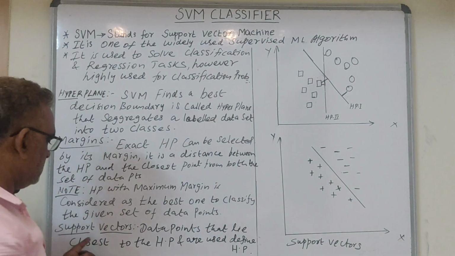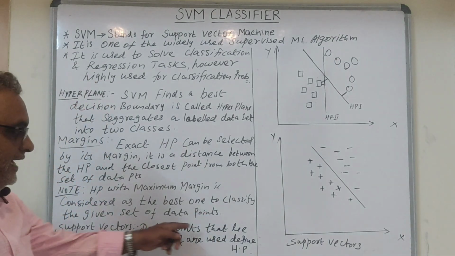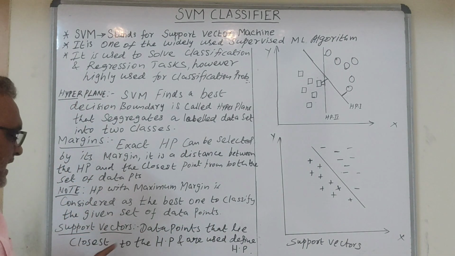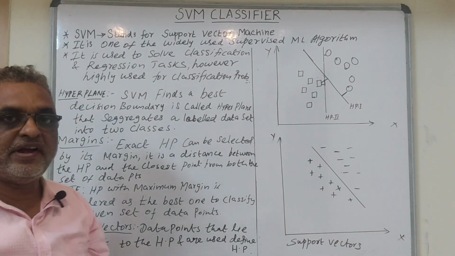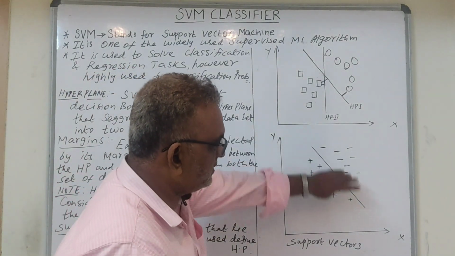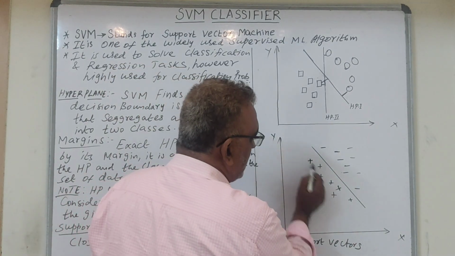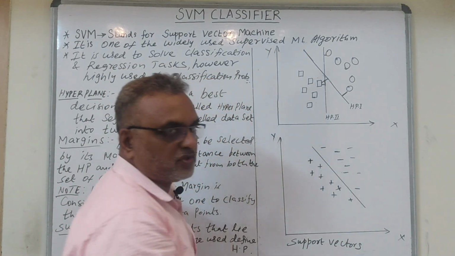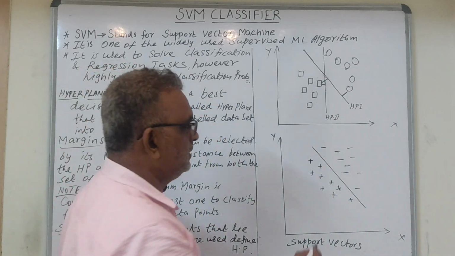Next concept is support vectors. Support vectors are the data points that lie closest to the hyperplane, and they are used to define the hyperplane. Consider this graph, in which we have two sets of data. On one side we have plus and on another side we have minus.